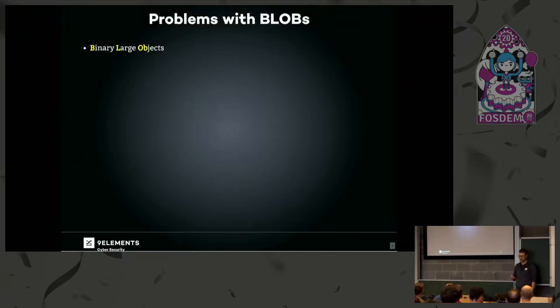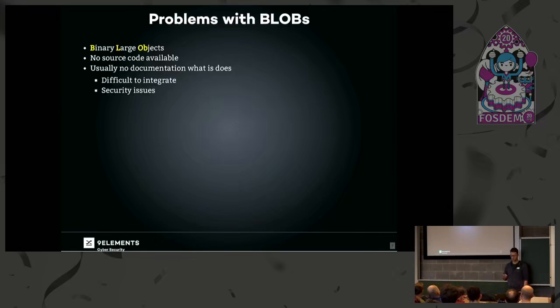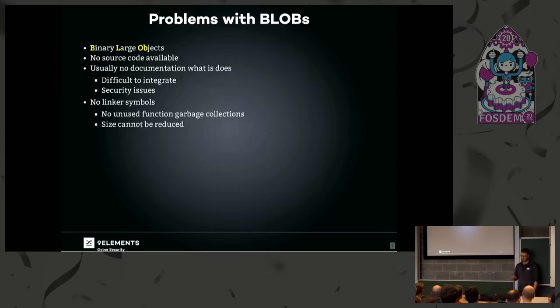So what are blobs? Binary large objects. There's no source code available for the blobs. Usually there's no documentation of what they do, and because of that it's difficult to integrate them into open source firmware. There might be security issues because you don't know which register is already locked or isn't locked, and you should lock it in open source firmware. There are no linker symbols.